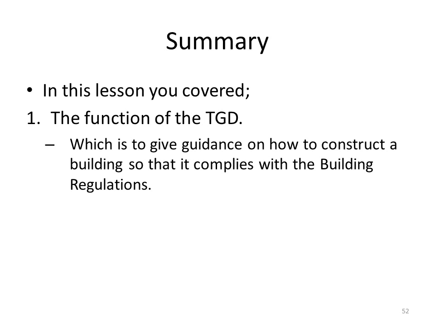So in summary, in this lesson we covered the function of the technical guidance documents, which is to give guidance on how to construct a building so that it complies with the building regulations, so they're a guidance.